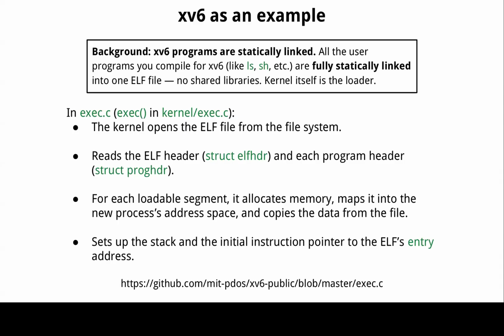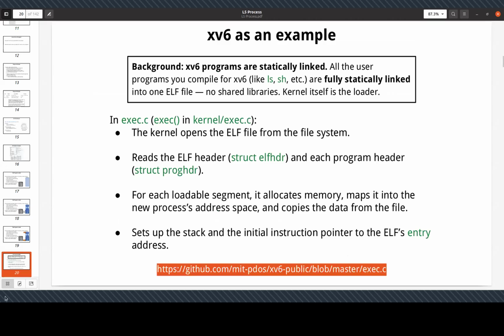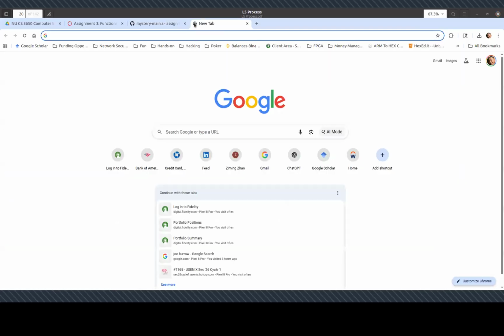Then the program will read the header, specifically the program header, and check whether it needs to load the corresponding section from the program into memory. After that, it will allocate memory for those regions, set up a stack, and eventually give control to that program and return from kernel mode to the userland mode.